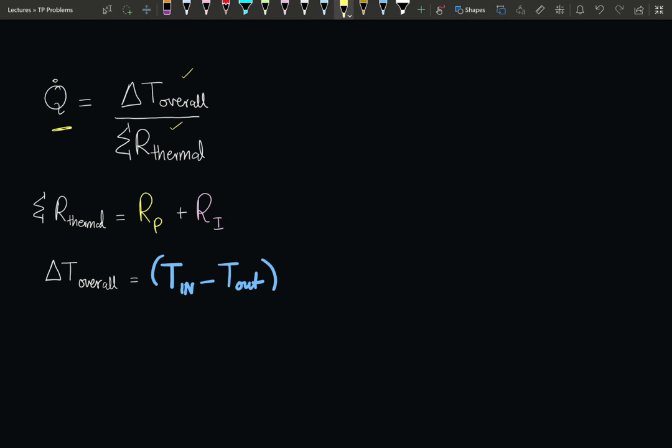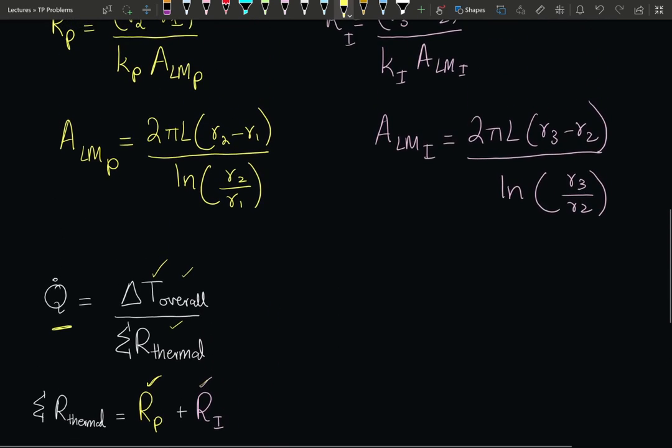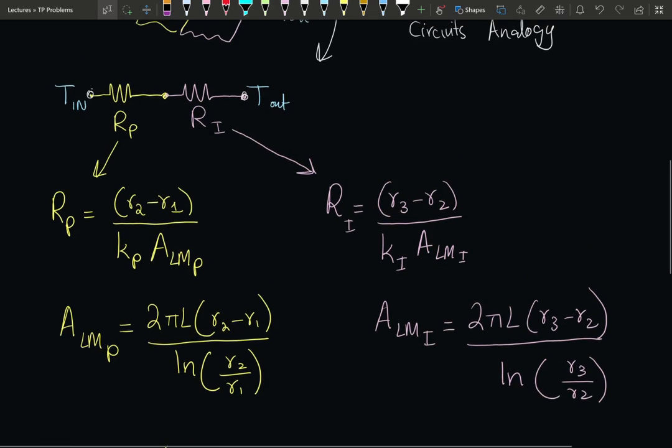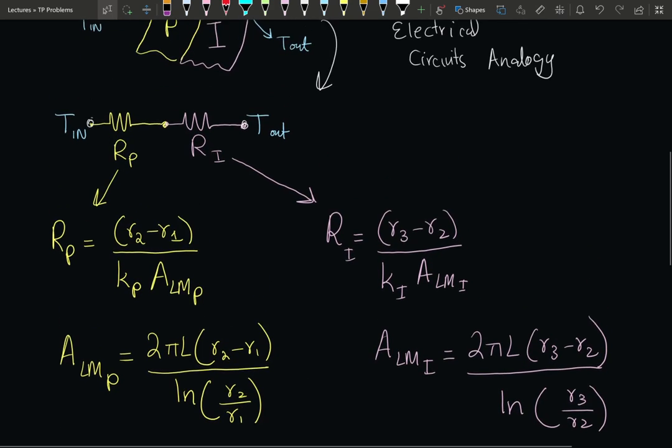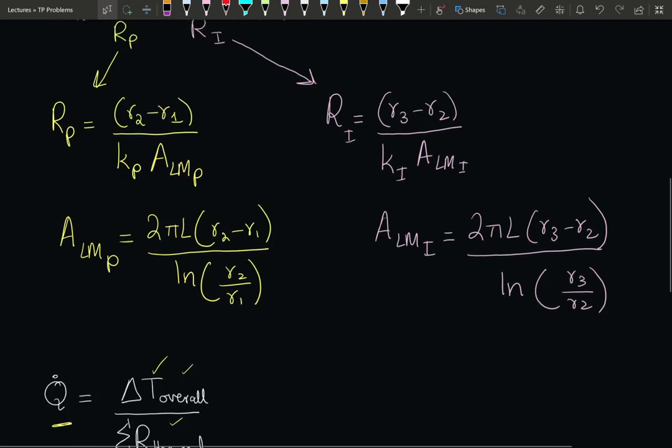In this case, we only have the copper pipe and the insulation, and our overall delta T is just going to be the temperature at the inner wall minus the temperature at the outer wall of the insulation. So all of this is good. I know R_P and R_I, and I know each of these parameters.